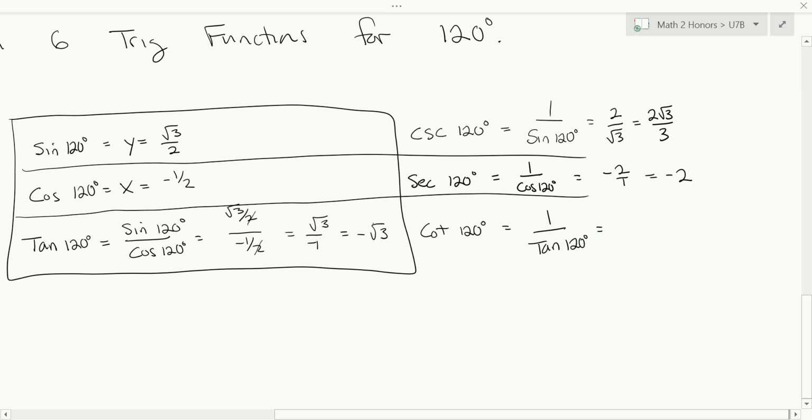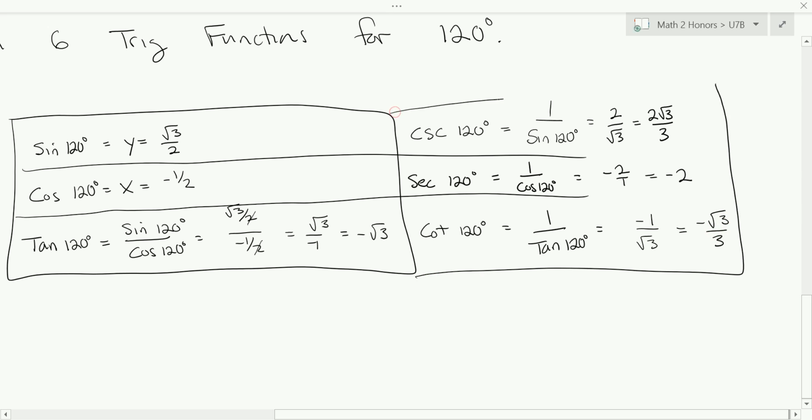It's not a fraction, so picture it as a fraction, right? You can look at the one right before it and flip it over and you get negative 1 over root 3, and multiply top and bottom by root 3. You get negative root 3 over 3. And now we got it.